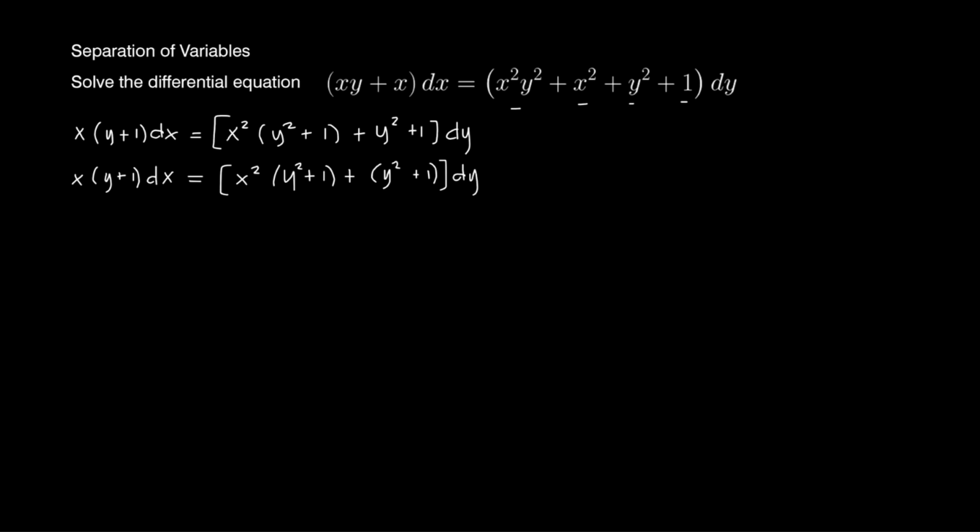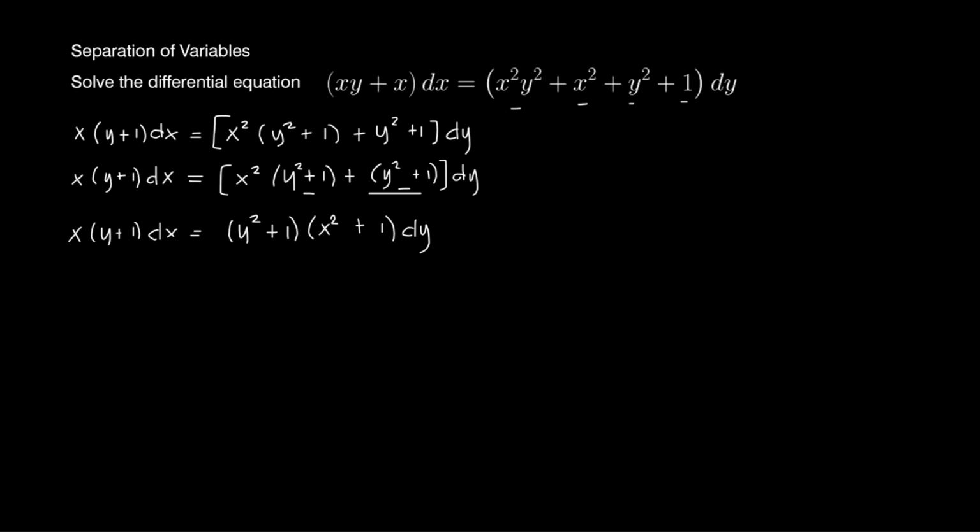So this is a common factor also, so the right side of the equation has a common factor of y squared plus 1, and what's left is x squared here, and here is just 1, times dy. Okay, so we cannot separate the variables yet.